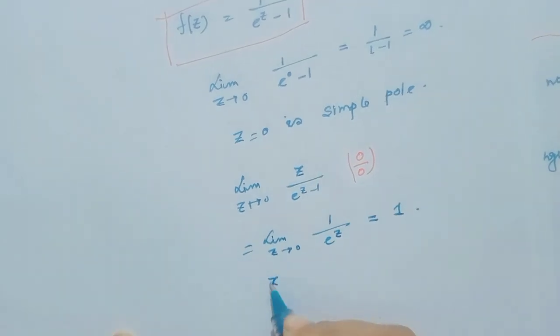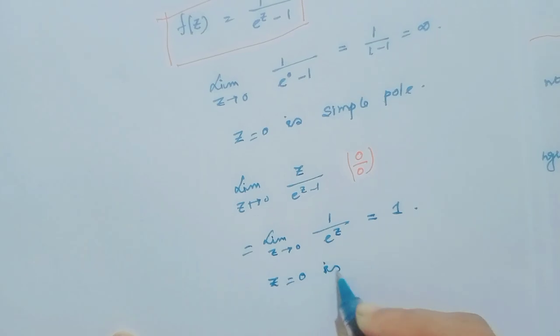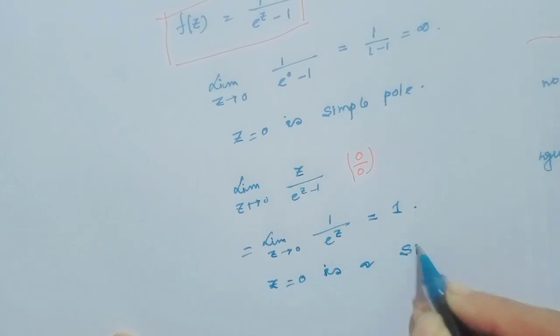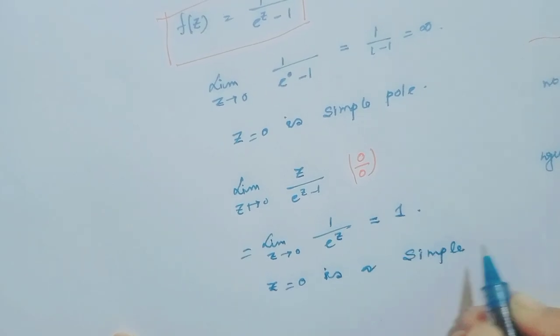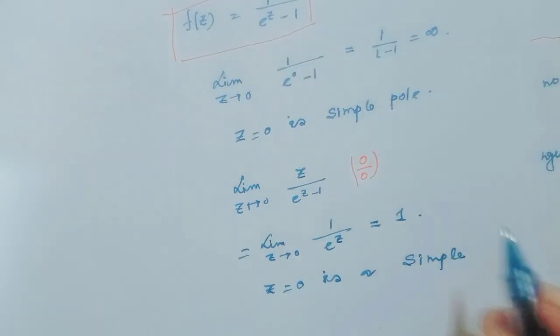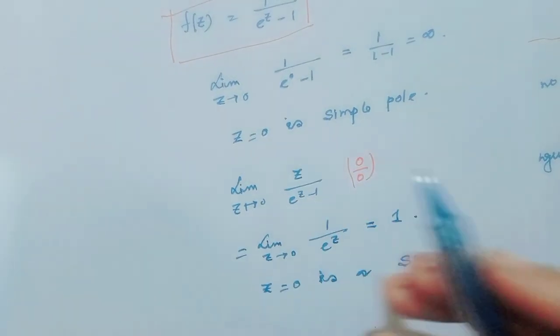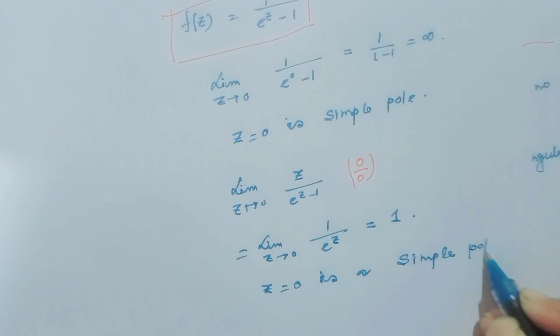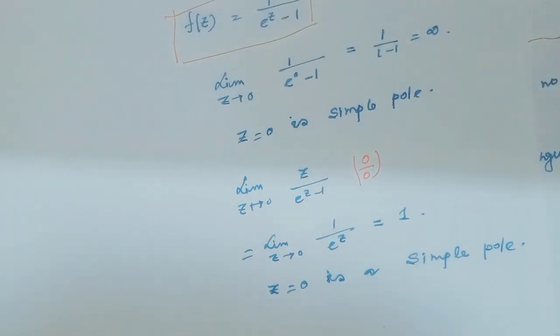So z equals 0 is a simple pole. Since this value exists finitely and the order of z is 1, this is a simple pole. I hope all my viewers have understood clearly.